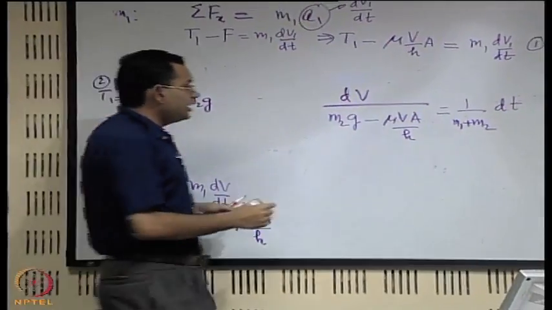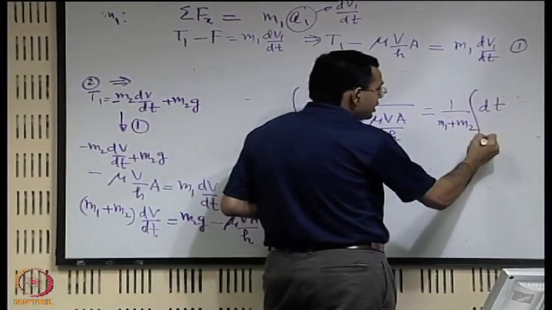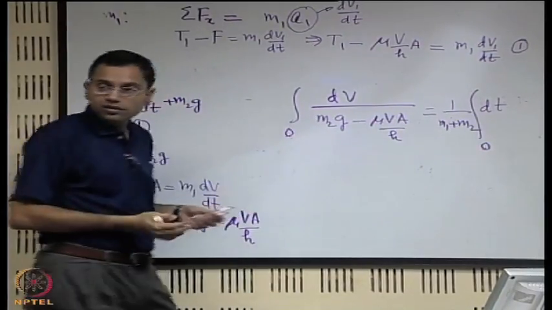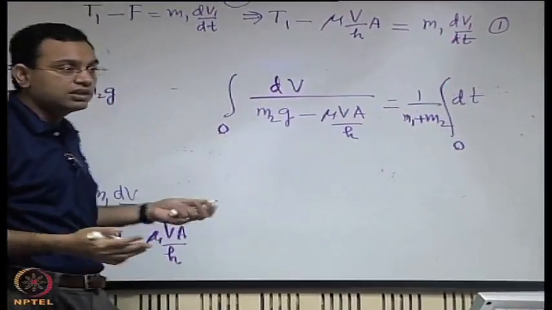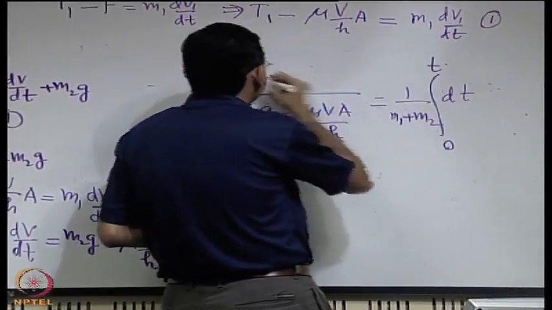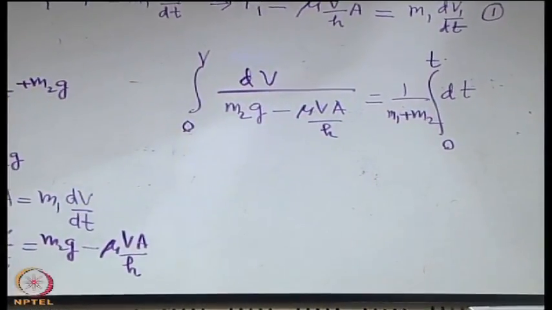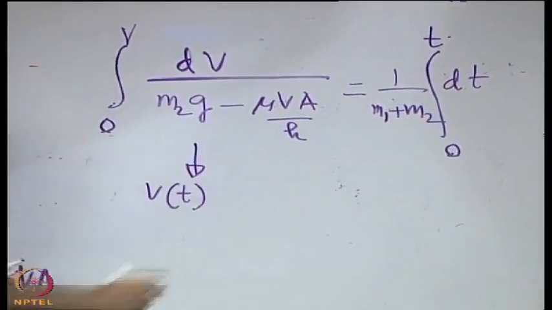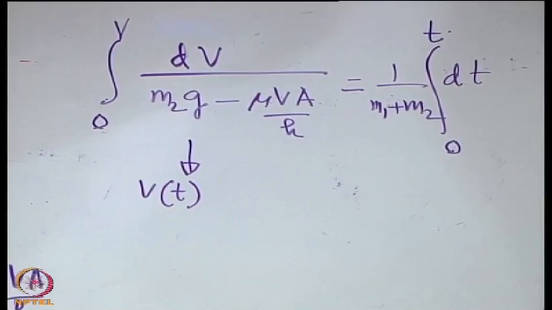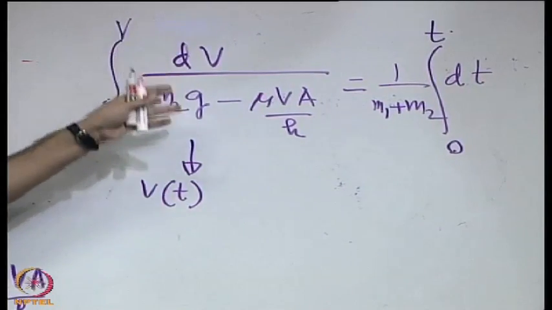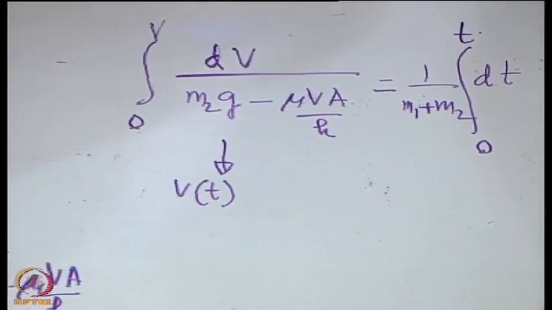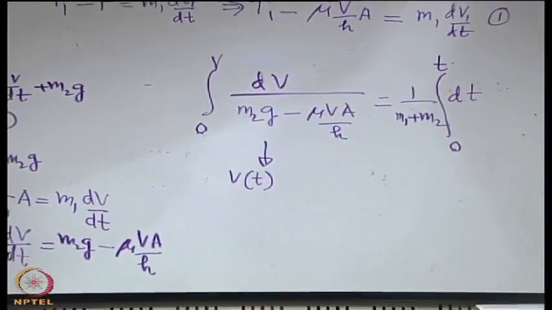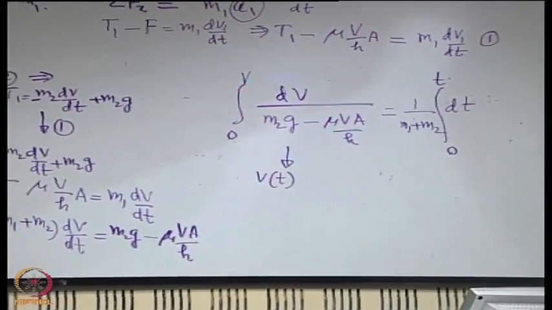You can integrate it with respect to time, say at time equal to 0 the velocity was 0, or V0 in general if it had an initial velocity, and at time equal to t say the velocity is V. If you integrate you will find an expression for V as a function of time. Of course, in an exponential form it will come because a logarithmic integral will appear.